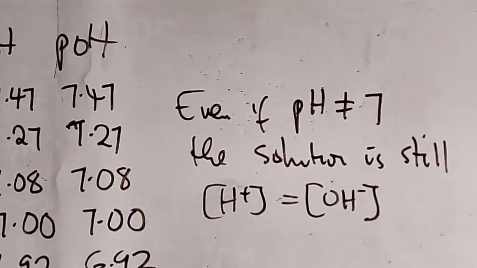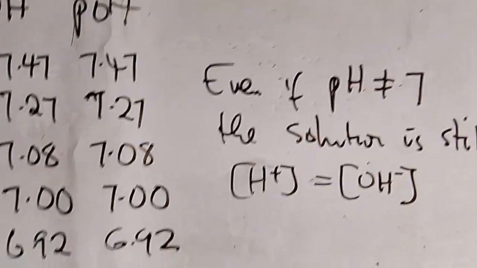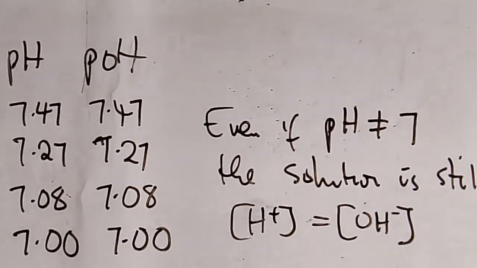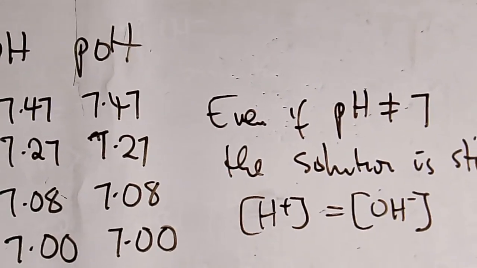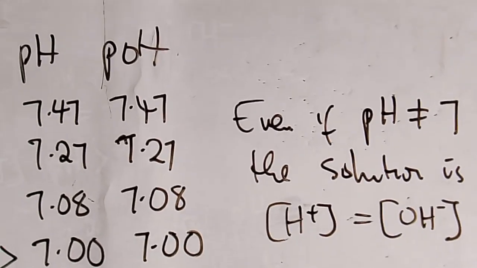So this is what defines neutrality. It doesn't necessarily mean that the pH has to be 7 for it to be called neutral.